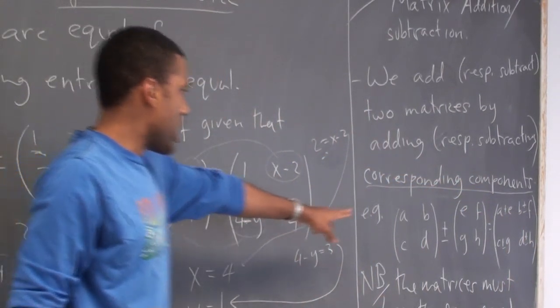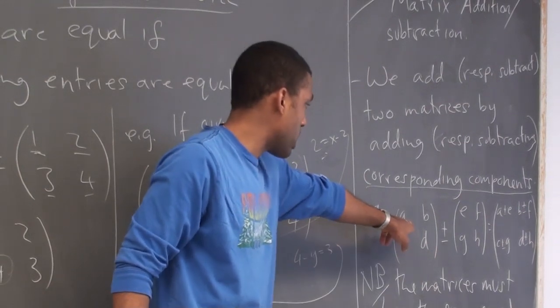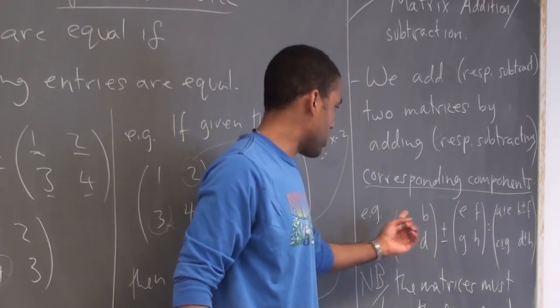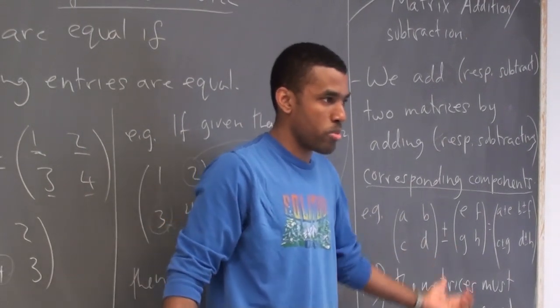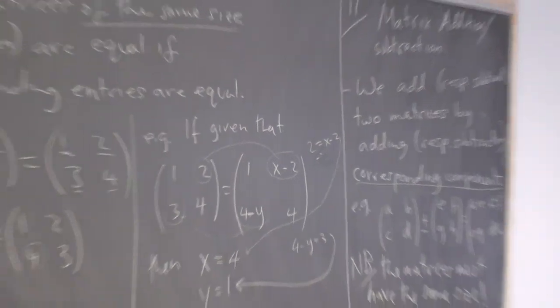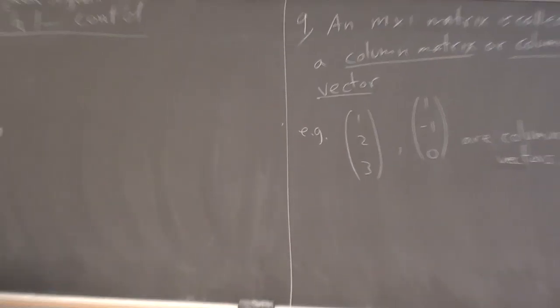Corresponding entries just mean the entries with the same subscript. So this would have the subscript 1, 1. The matrix here would have the subscript 1, 1. If they don't have the same dimensions, the subscripts won't match up. You won't have corresponding guys. So addition and subtraction are defined only for matrices of the same size.